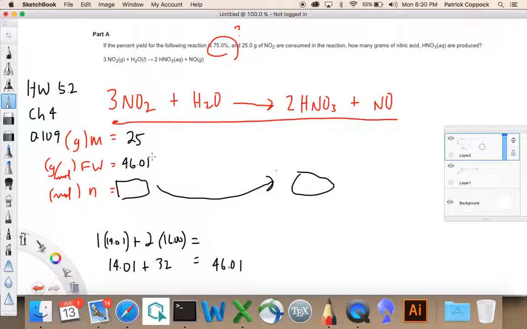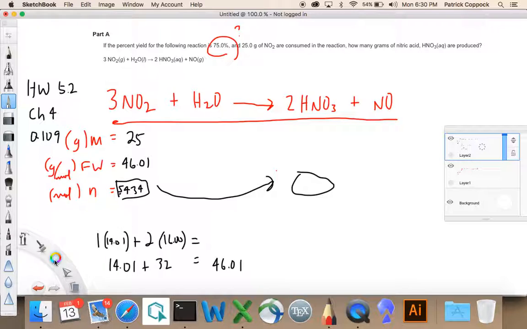That's going to give me how many moles? Please calculate that. Believe it or not, I did not have my calculator ready. All right. That would be 25 divided by 46.01, which gives me 0.5434 moles.